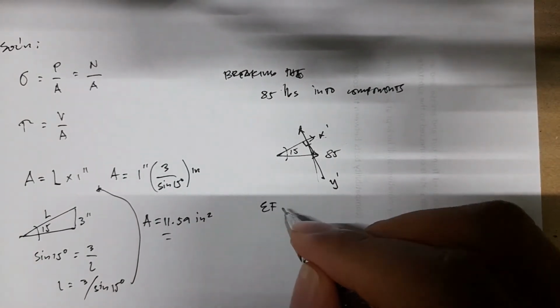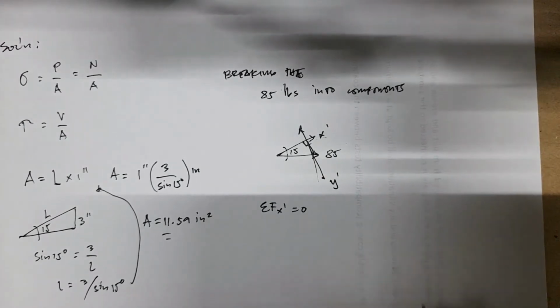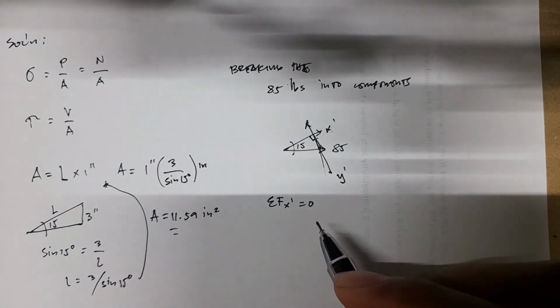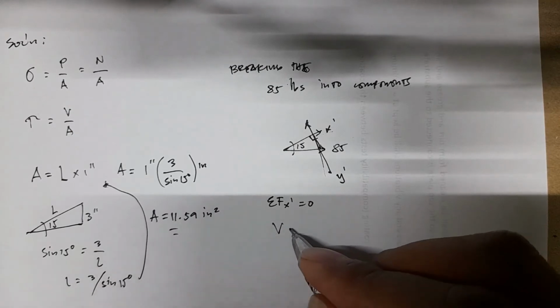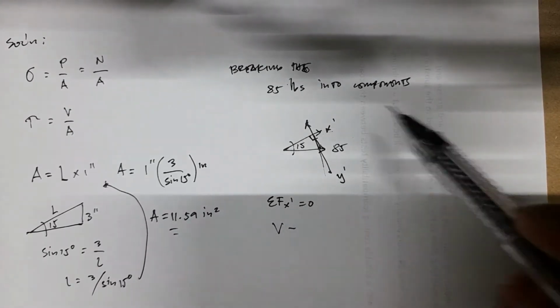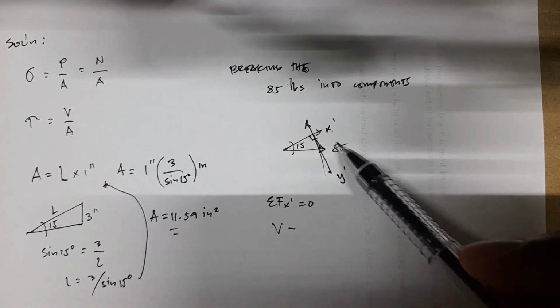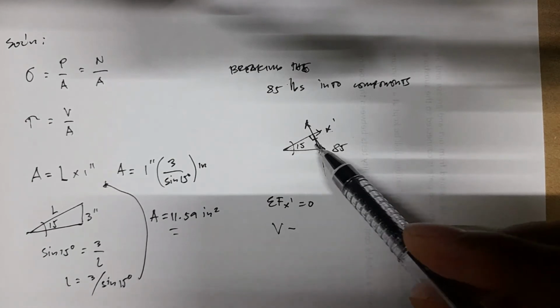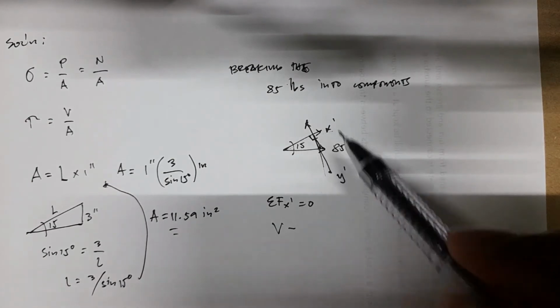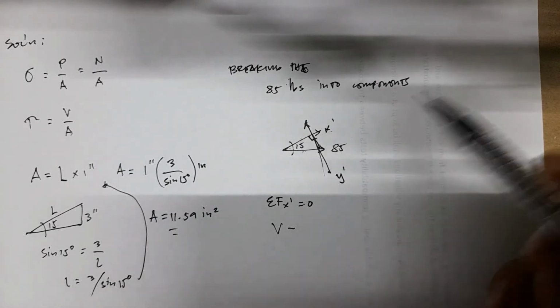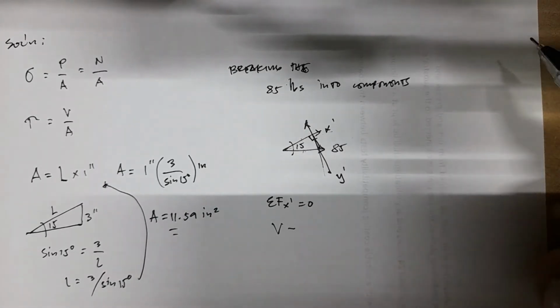To solve for N and V, we'll have the summation of forces at x prime equals 0. We will have V minus the component in the x prime direction of the 85, which is adjacent over hypotenuse. This is your hypotenuse, this is your adjacent side.